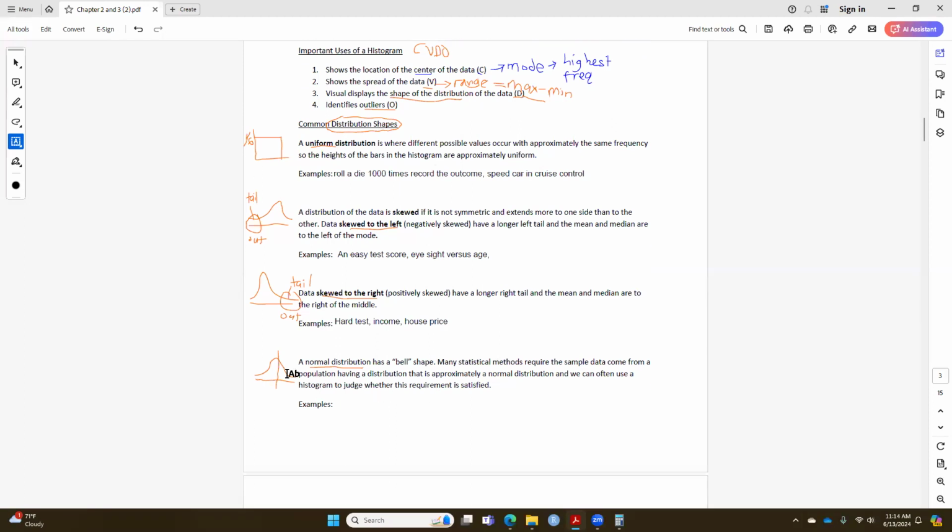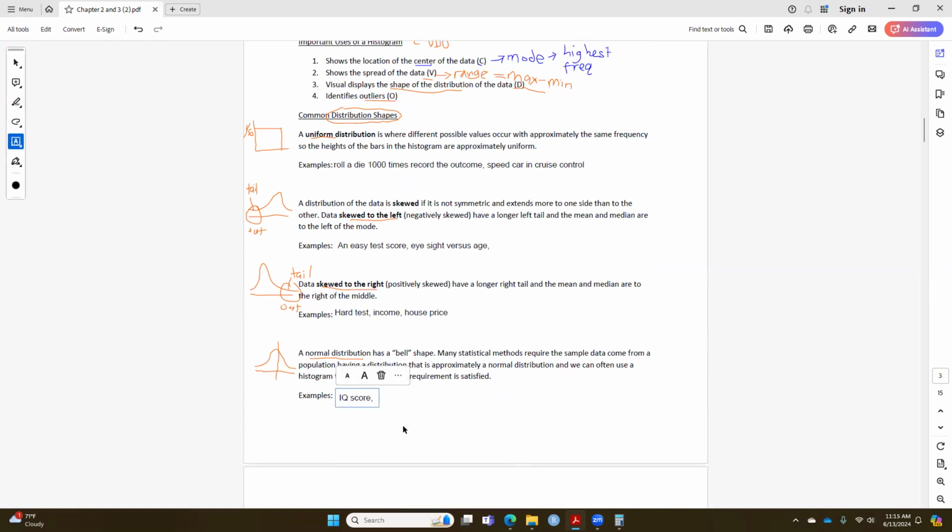And for the normal case, it means it's a normal shape. Examples for this will be your IQ score, height, weight, average tests. As you guys know, if I give you an easy test, the histogram looks skewed left. Hard test, the histogram skews right. If I give you an average test, it will be normal. Normal means that the majority of you will be in the middle.